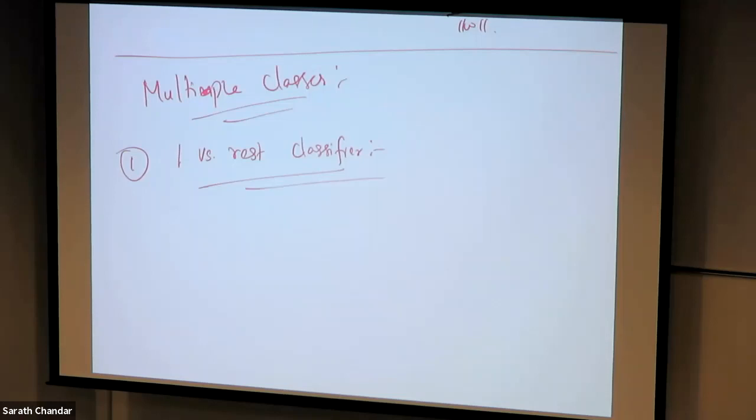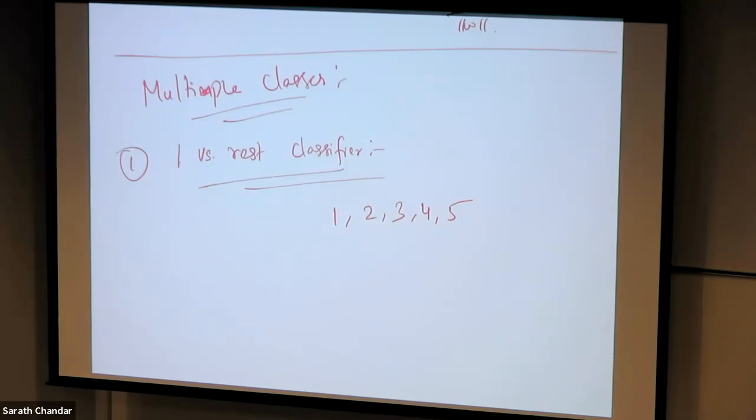If you have k classes to consider, you're going to consider k minus 1 classifiers, each focusing on one of the classes. Let's say there are 4 or 5 classes. The idea is to construct 4 classifiers. The first classifier will classify whether something is 1 or not 1.